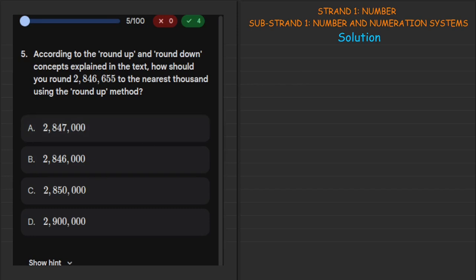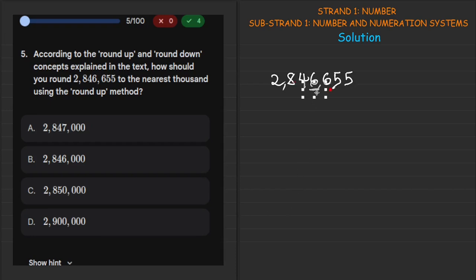The number is what? 2,846,655. So when it comes to rounding up, what do we always do? We identify where we want to round up to. In this case, we are rounding up to the nearest thousands. So we identify the number in the thousands.